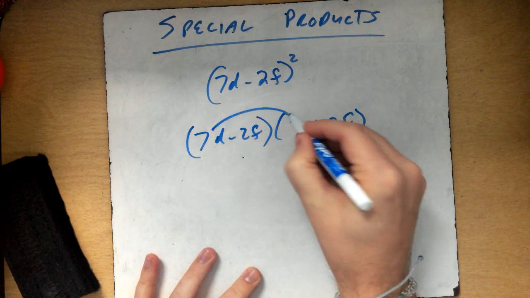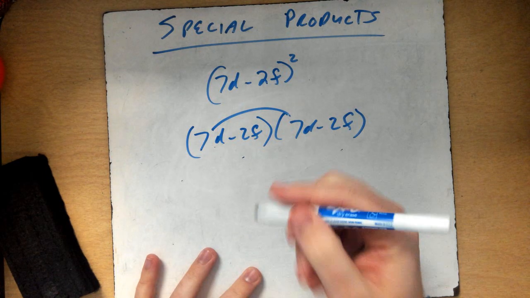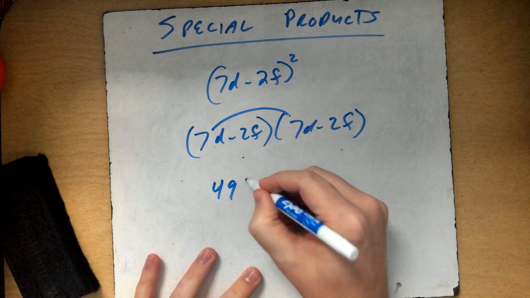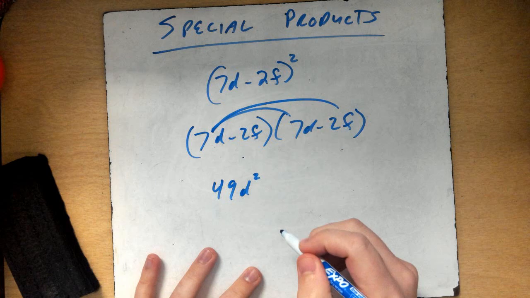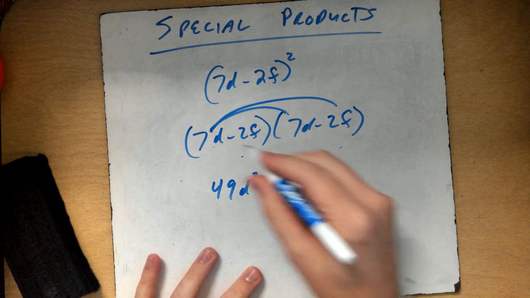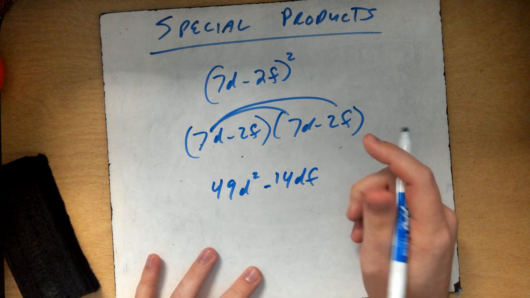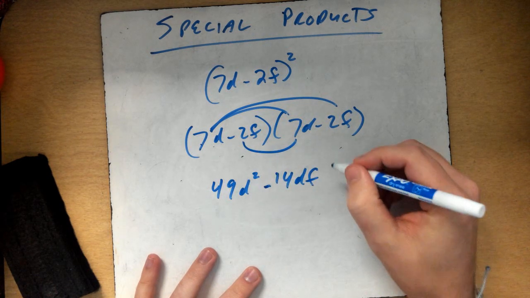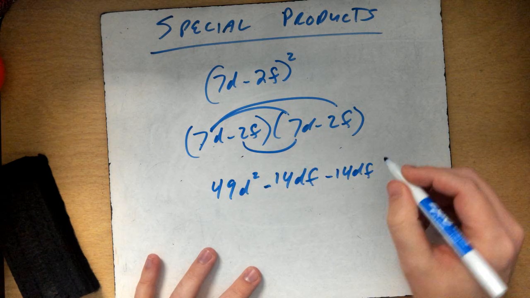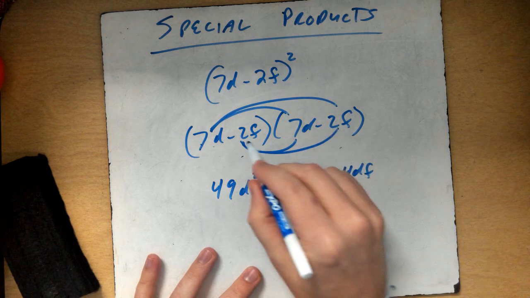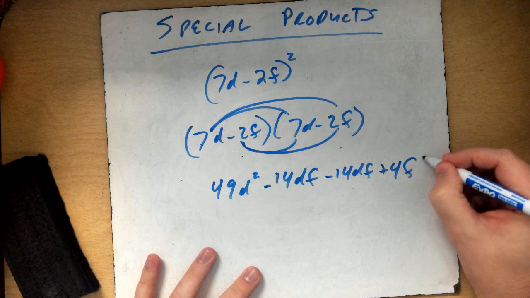FOIL it. 7d times 7d is 49, and then d times d is d squared. 7d times the negative 2f is negative, 7 times 2 is 14, and then d and f stay the same. Same here, middle ones, negative 14df, 2 times 7, right, same thing. And then last one's negative 2 times negative 2 is a positive 4, and then f times f is f squared.